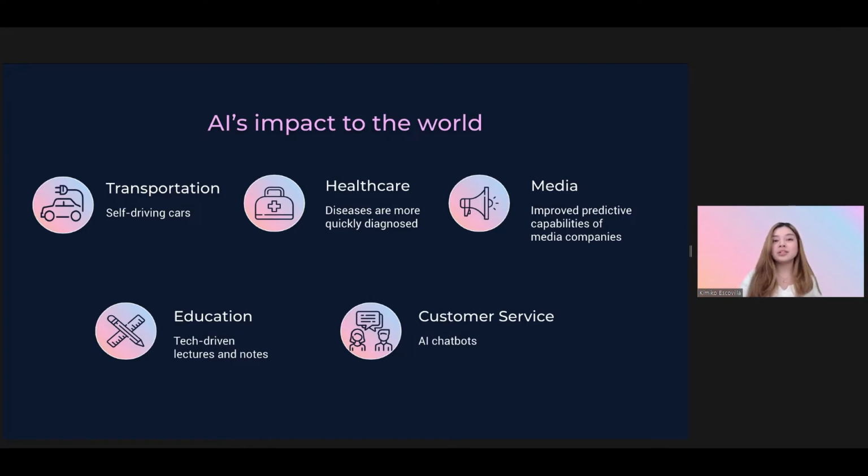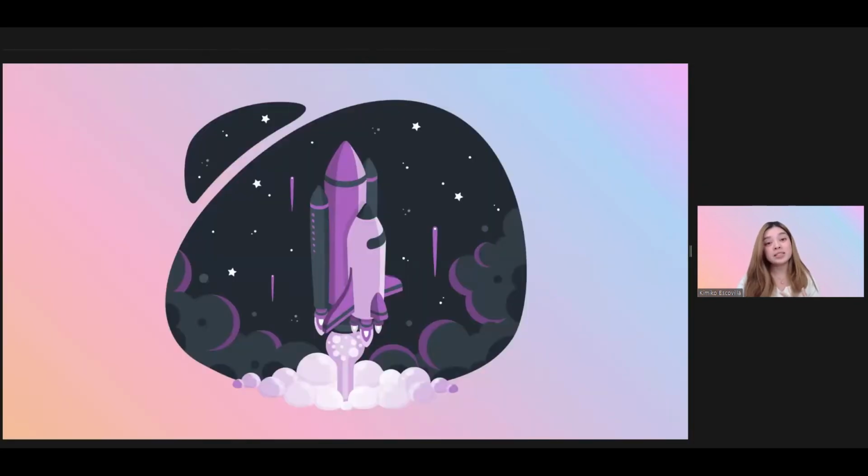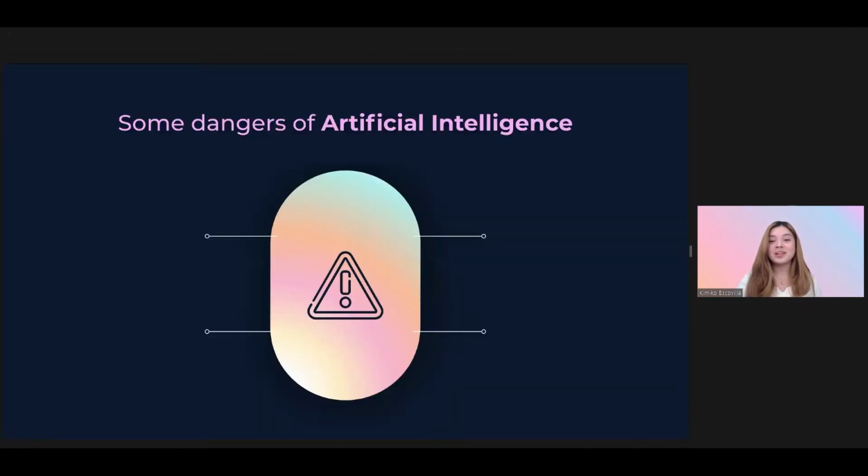Ever since artificial intelligence and machine learning were invented, the face of technology was never the same. The speed of development in tech has skyrocketed, which has some benefits and also a lot of dangers. So let's talk about some dangers of artificial intelligence.